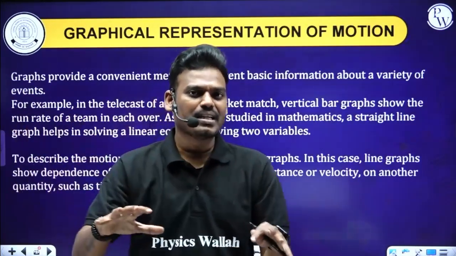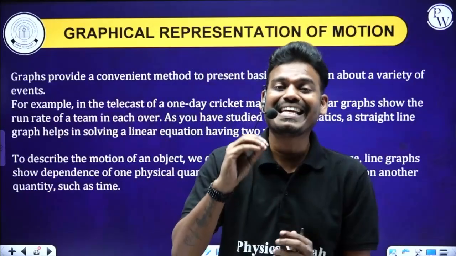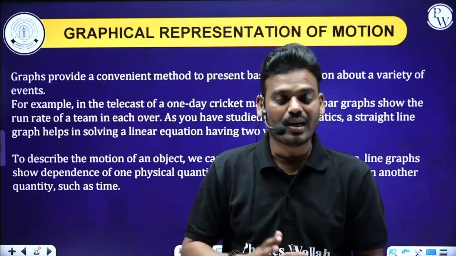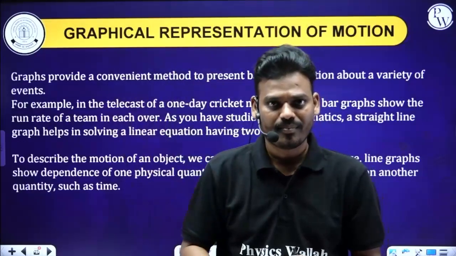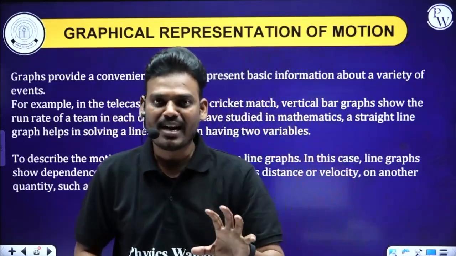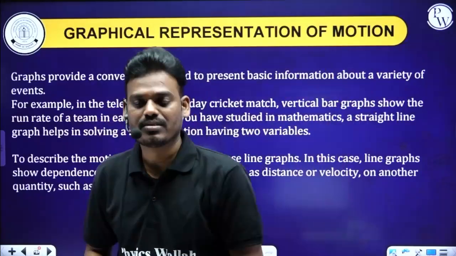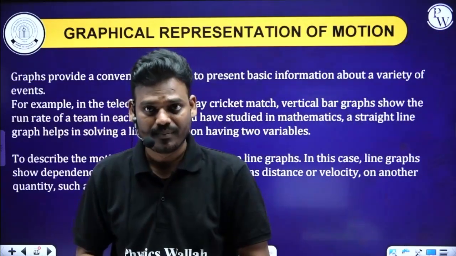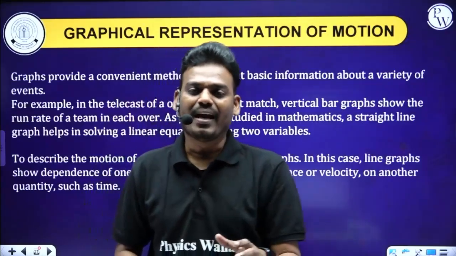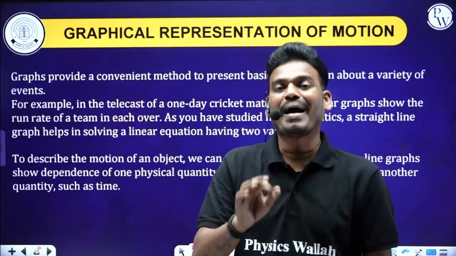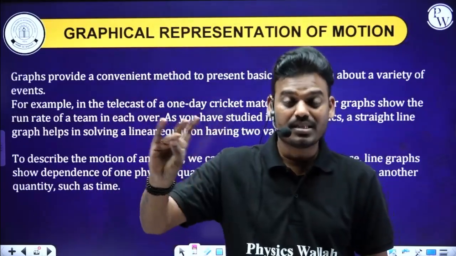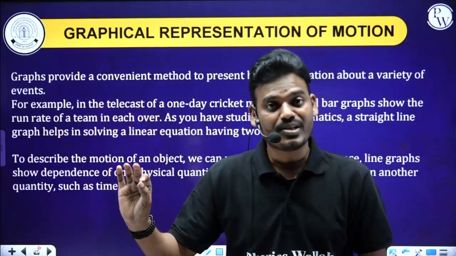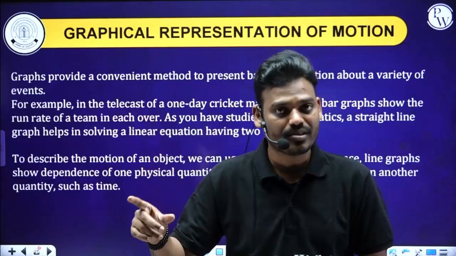So graphical representation gives the easiest understanding of different units, or else different events. Okay. So for easiest understanding of different events, we have to use graphical presentation. In the same way, in motion, the parameters of motion, maybe distance, displacement, velocity, speed, maybe acceleration, and the opposite of that, retardation. Okay.